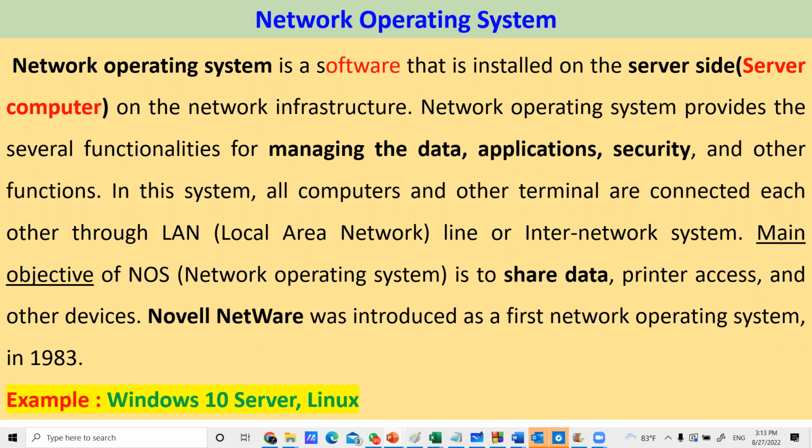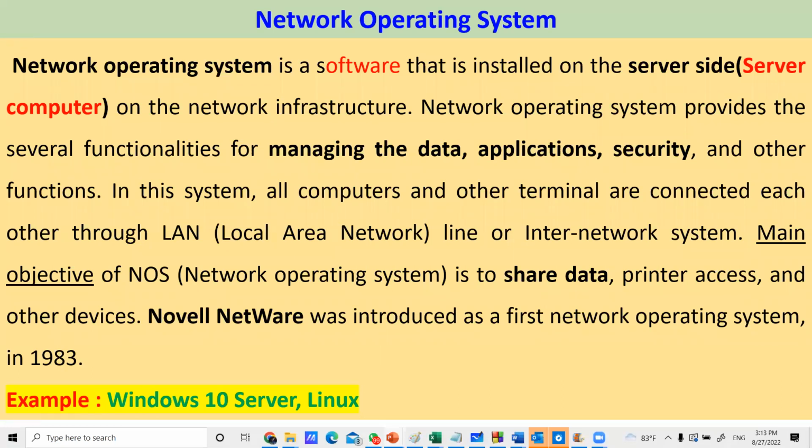Here are some examples of network operating systems. The first network operating system introduced was Novell NetWare in 1983. Some other examples are Windows 10 Server, Windows 2003 Server, and Linux.